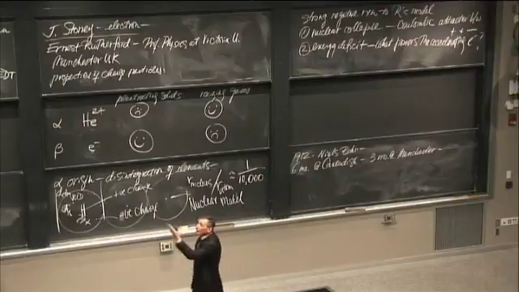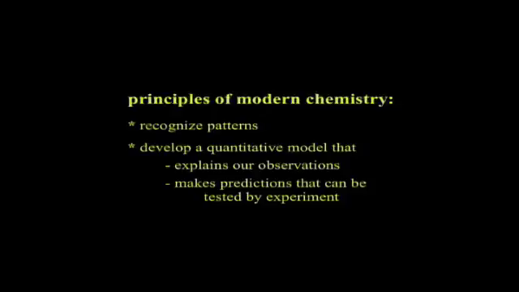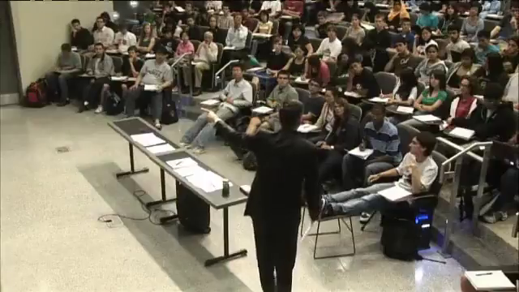All right? And that's all part of what I showed you the other day. We recognize patterns. That's what the Rutherford-Geiger-Marsden experiment gave us, the pattern of the distribution of alpha particle deflections. So now we need to develop a quantitative model that will explain the observations, and if it's a really good model, it'll make predictions that, again, can be tested by experiment.